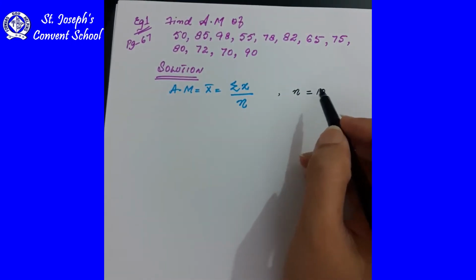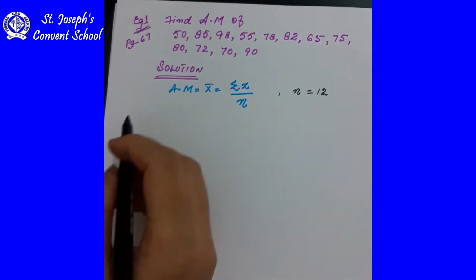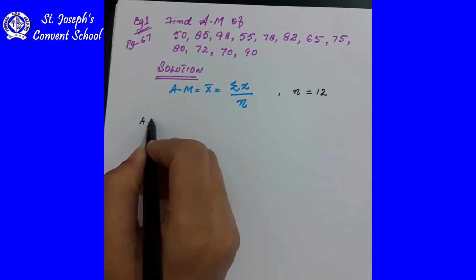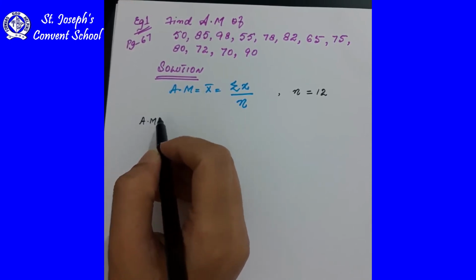Okay, let's find the mean. So what we are going to do, we will add all the values. So arithmetic mean equals the sum of all the values.